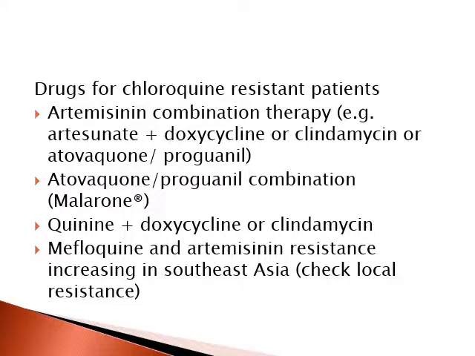They will be discussed for you in pharmacology, but we can list them here, which are artemisinin and doxycycline, with clindamycin or atovaquone. Also, we have the atovaquone and proguanil combination, which is called Malarone.